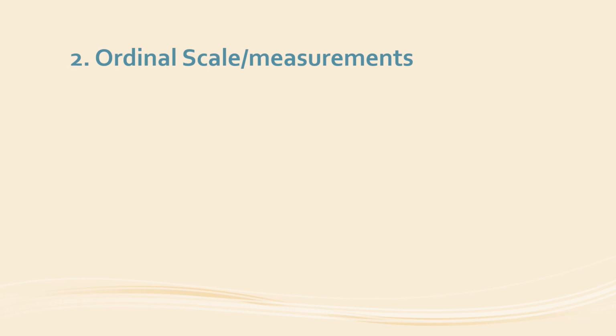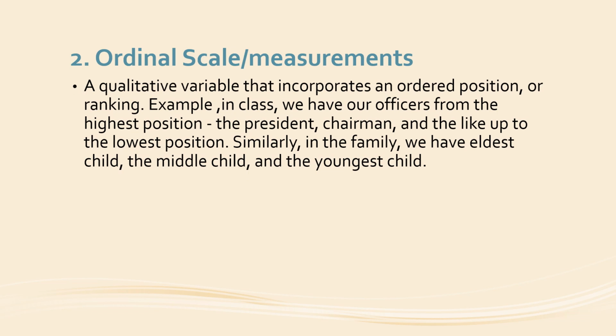Okay, so we have now the ordinal scale or measurements. Now this is a qualitative variable that incorporates an order, position, or ranking. Example, in class, we have our officers from the highest position, the president, chairman, and the like up to the lowest position.